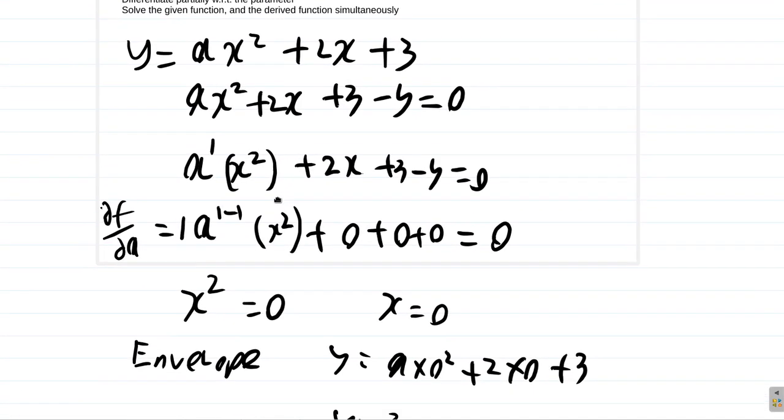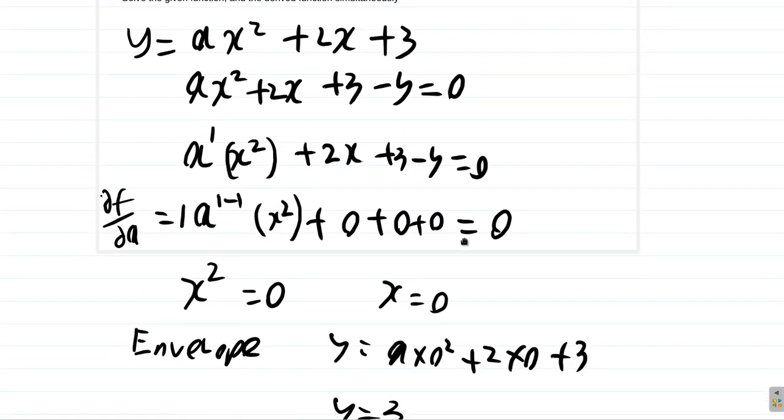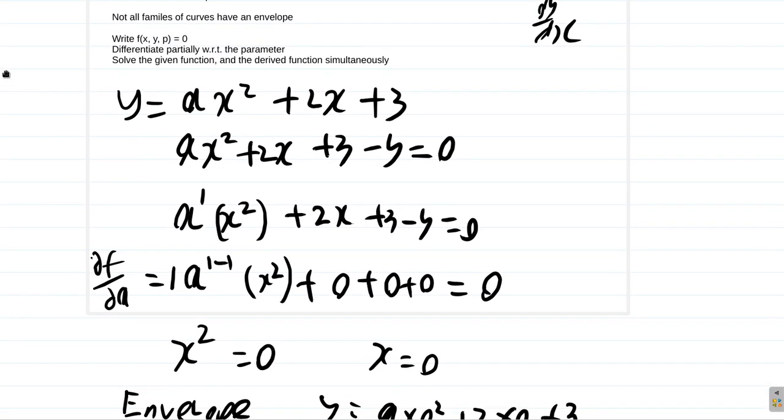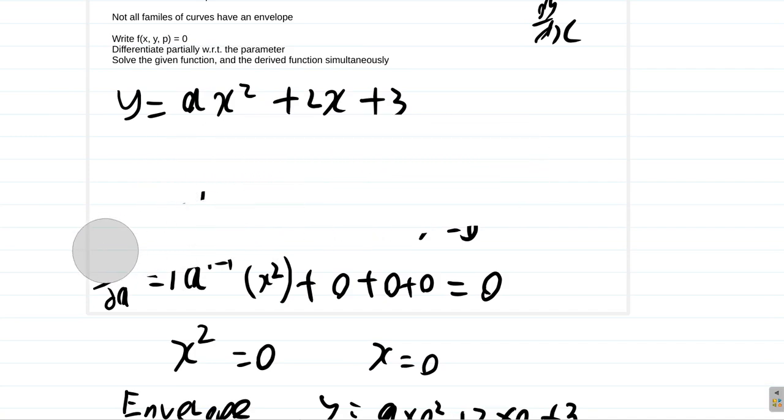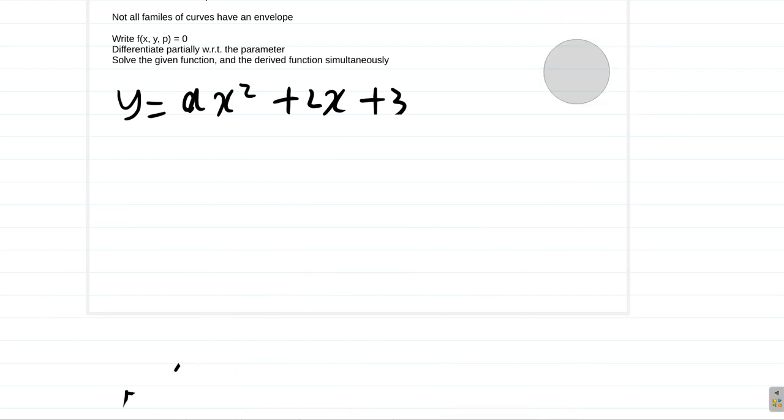Now, let us make a little change to this. Let us use the b part as our envelope parameter. So let's erase the work that we did down here. We say y is equal to x squared plus bx plus 3.